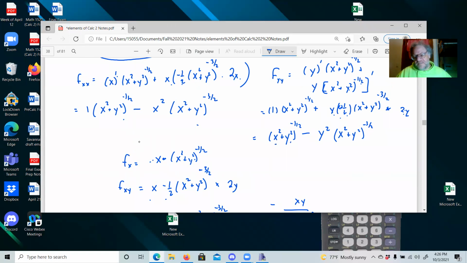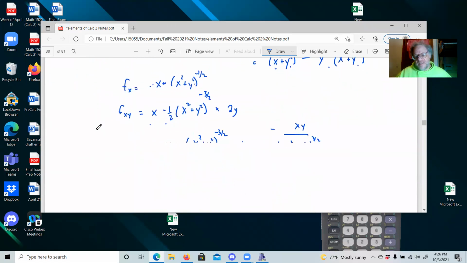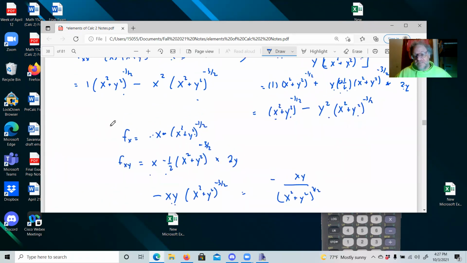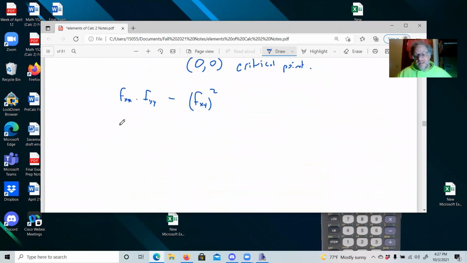Plug in zeros for all of these. Actually, we don't even get 0, we get undefined. This is a completely undefined quantity. So we have no solution, maybe we have no conclusion.